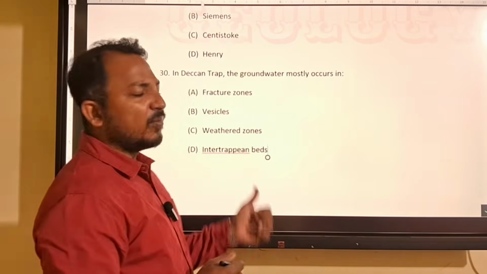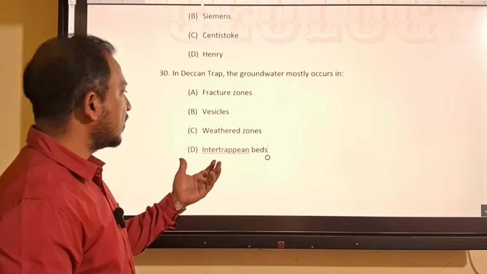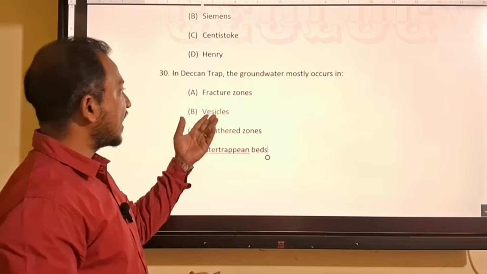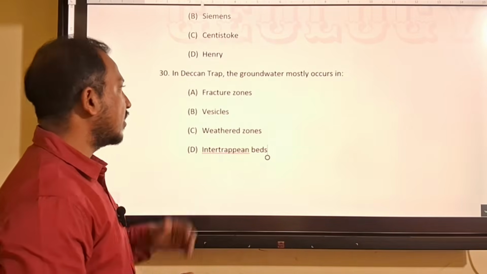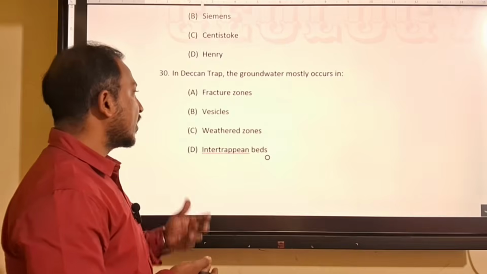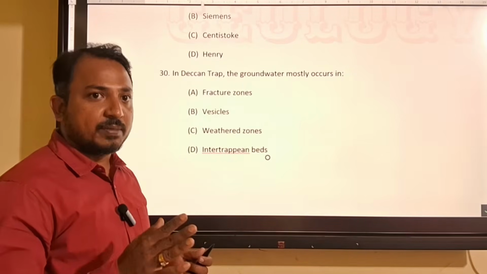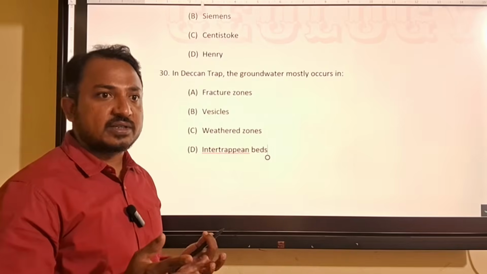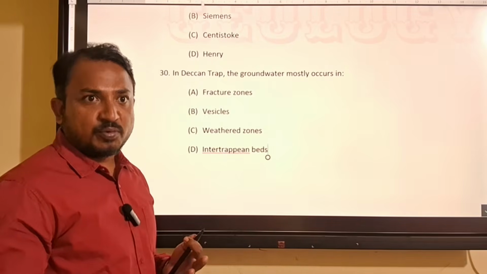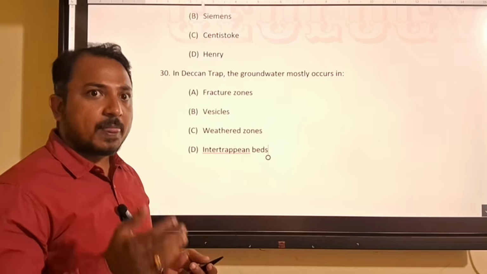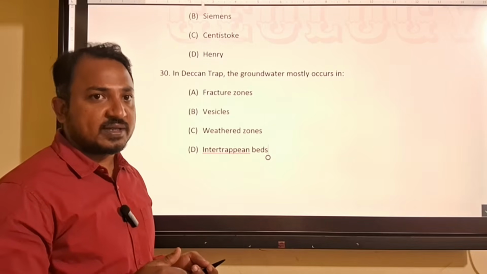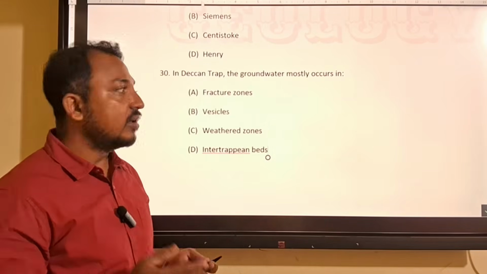If it is an MSQ question, then all can be correct. Basalt is more prone to weathering, so when it is weathered, water can infiltrate into the basalt because weathering loosens the rock.